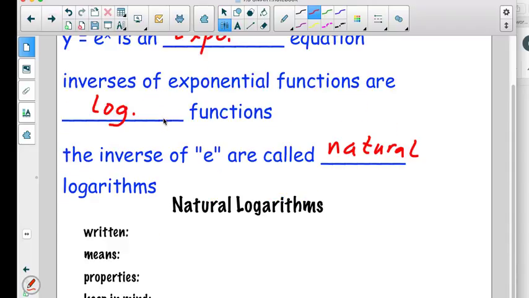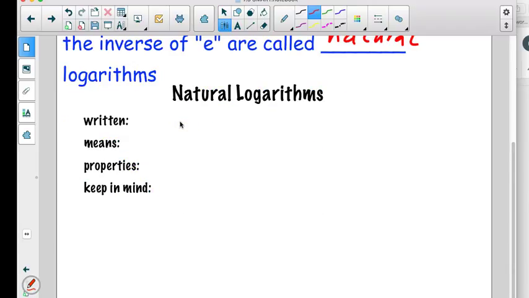Now they look kind of weird, but the way that you write them is ln. And this little line here, that's just the natural log of whatever number you're taking. So you'd think it would be NL for natural logs, but it's ln.